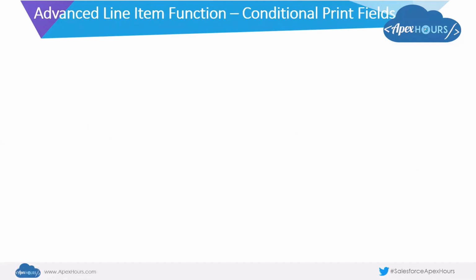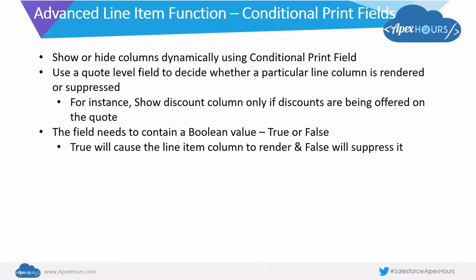One other advanced line item functionality we have in Salesforce CPQ is conditional print fields. So we could show or hide columns dynamically using this conditional print field. So you can use a quote level field to decide whether a particular line column is rendered or not. For example, say you have a discount percentage line column, right?